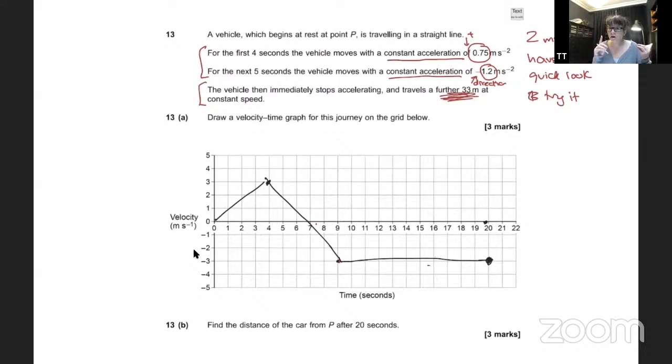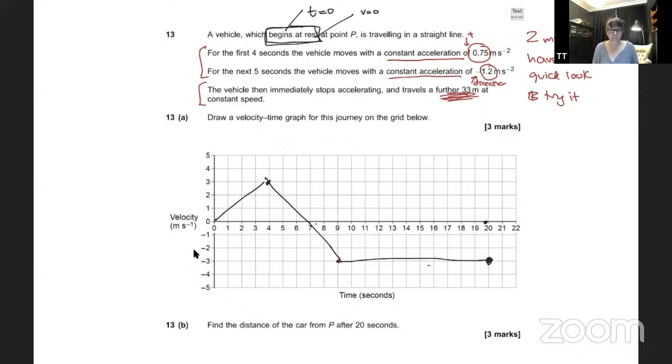And it starts at rest. So the origin is time is 0, velocity is 0. Does it always start at the origin? No, not if the velocity at the beginning isn't 0. But if it starts at rest, which it says here, then that tells me that time is 0, and at rest, that's v is 0. So not a silly question at all.